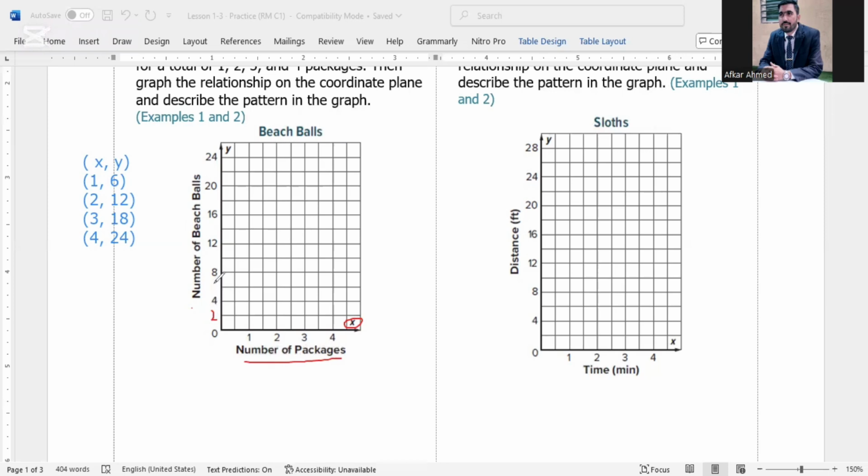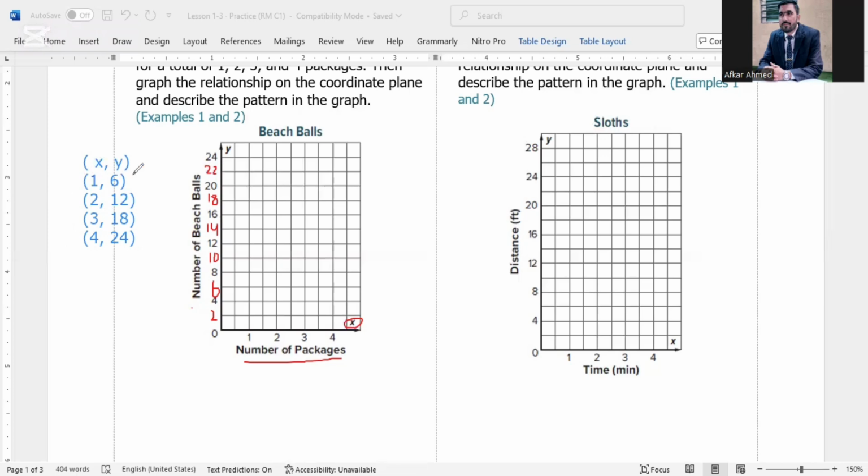Between 4 and 8 we have 5 and 6, but 5 is not possible because we are dividing in half, so it will be 6. And here between 8 and 12, the number will be 10, and here the number will be 14, and here the number will be 18, between 16 and 20, and here the number will be 22, between 20 and 24. So now these points will help us to make the graph.